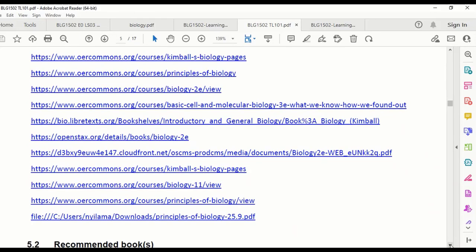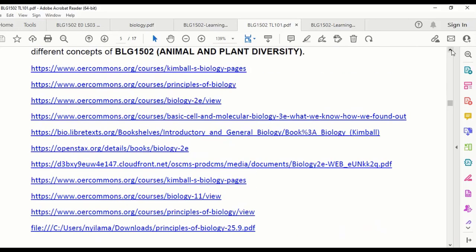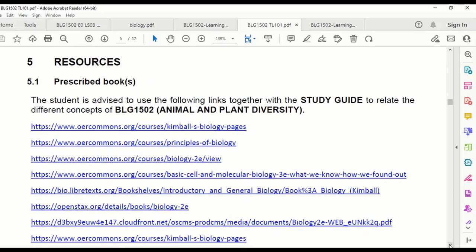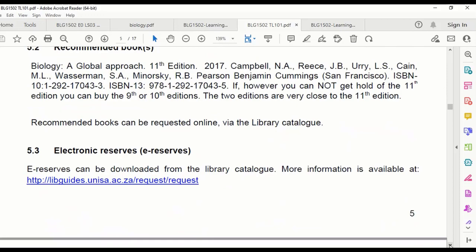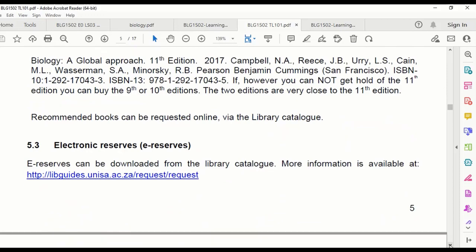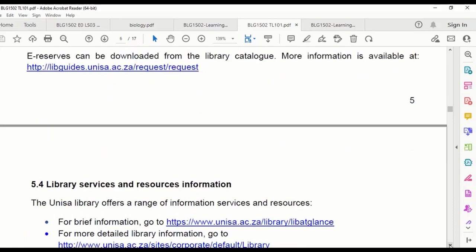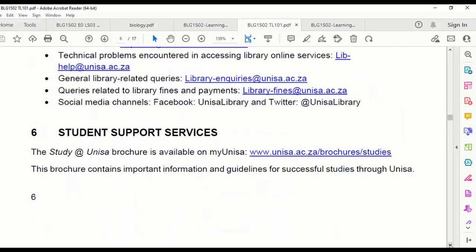So this is very important about the study materials, because this is what your lecturer or your examiner will be playing around with to examine you and to assess you, and to frequently ask you questions from the assignment.